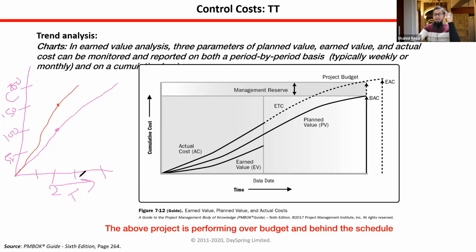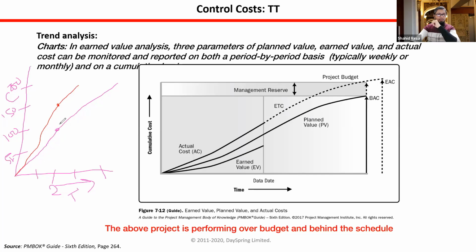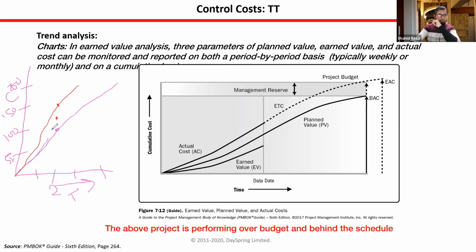And what is the actual cost? $120. So that will show here. Let me use another blue line. If I draw, the line will be like this. See, this is actually different.